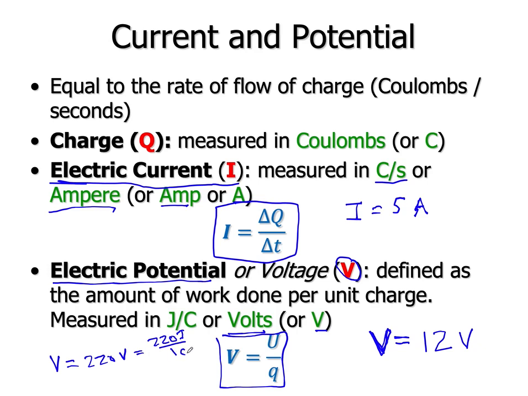That's a lot, which means, for example, if you want to warm up water and you want to put 220 joules of heat into it using an electric heater, you're going to have to let 1 coulomb of charge flow out of the outlet through the heater to release that much energy, because that's how much energy it has per coulomb.